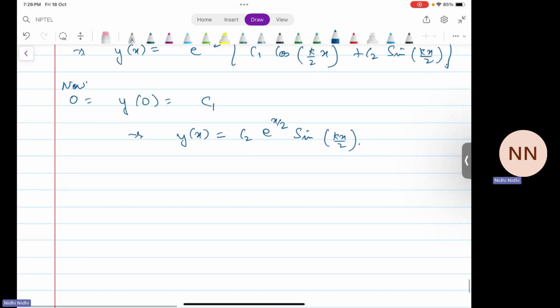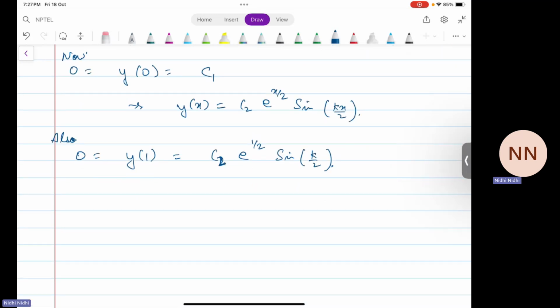Now we have another boundary condition. 0 is equal to y(1). So y(1) is c2 e to the power 1/2 sin(k/2). Now we want a non-trivial solution. For that we must have c2 non-zero.